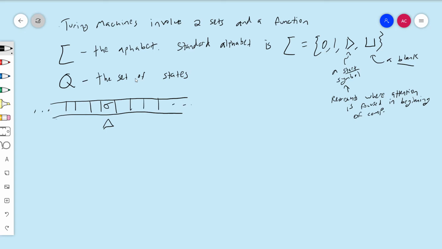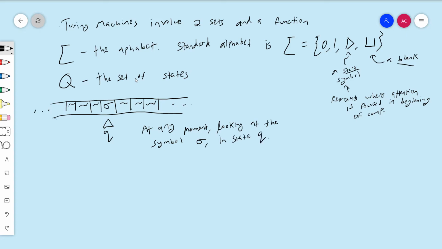So this is what a snapshot of the Turing machine looks like at any one moment. It's going to have stuff, but I'm not looking at the stuff. I'm looking at a specific place, and I'm in some specific state Q. At any moment in time, I'm looking at the symbol sigma, in state q.